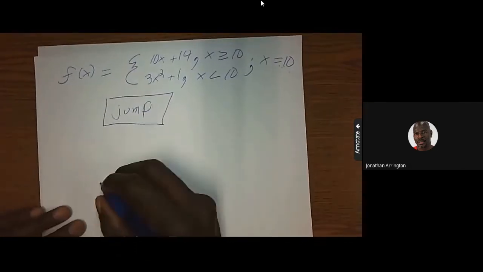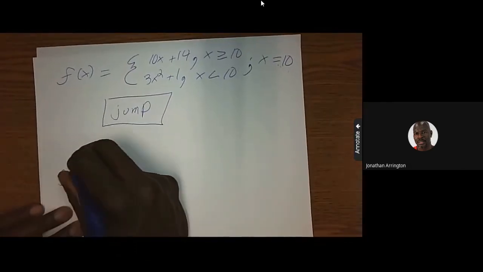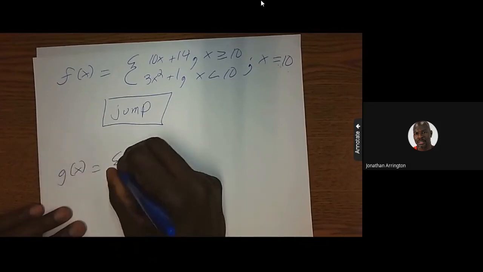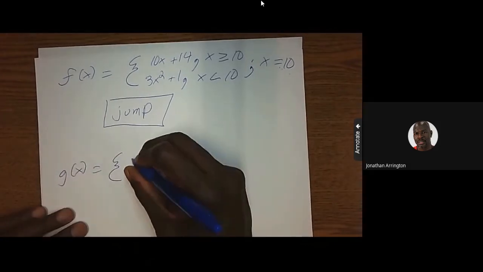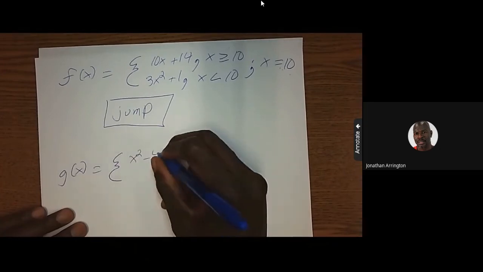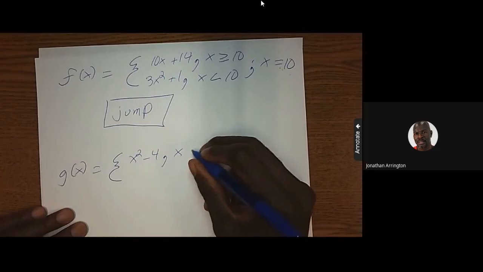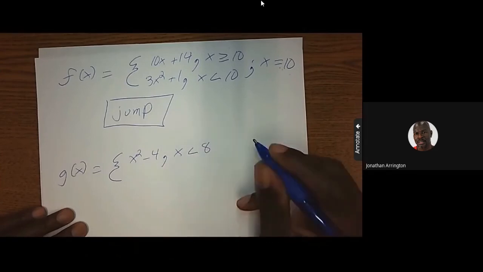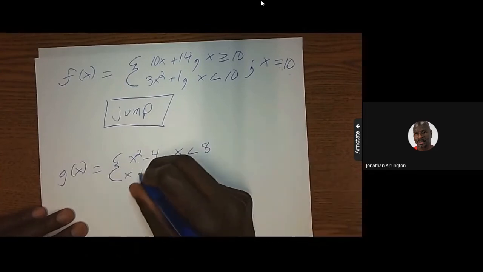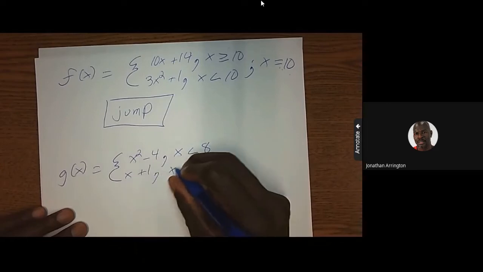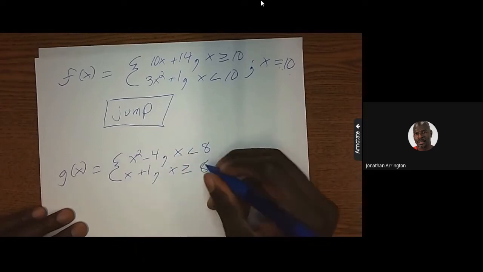Another example, say g of x is x squared minus 4, provided x is less than 8, and x plus 1, provided x is greater than or equal to 8.